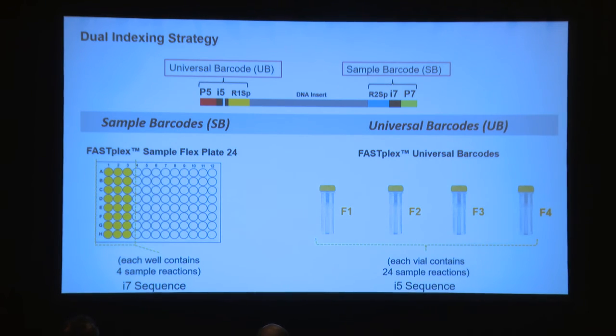The other limitation is that version 1 used the dual index strategy, which basically consists of two barcodes. You put your barcodes on either end of your fragments, the I7 and the I5.